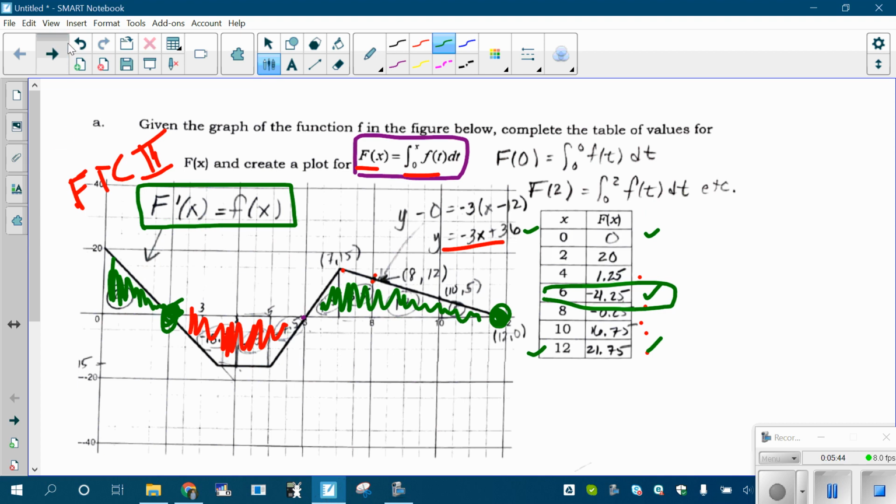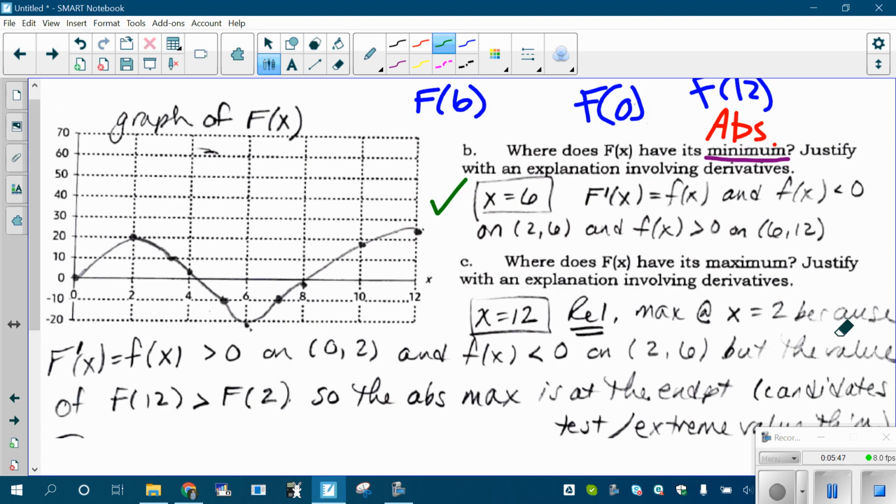Increase and decrease, that's a relative max. So at x equals 2, I have a relative max. Here's that justification using those intervals. It's important that you use this interval notation that Lemke used here. Look at that line, make sure you have that line on your paper. But then she's comparing it to the endpoints, which you really should have done in B as well.